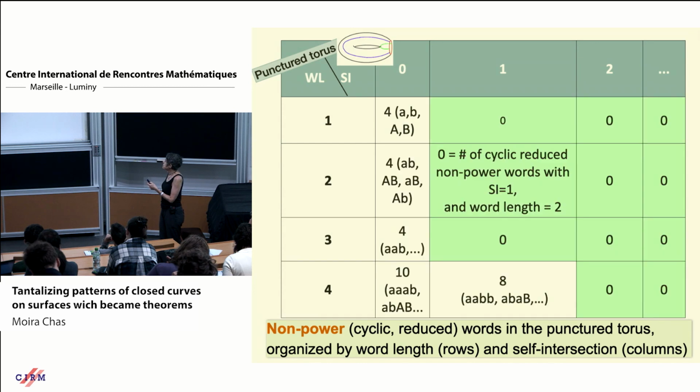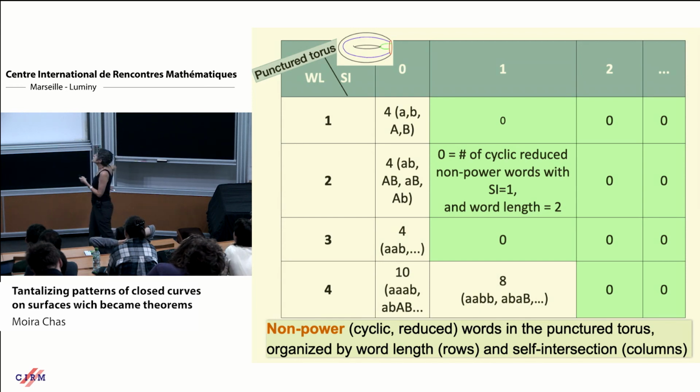So this is the table when it starts. So for instance, self-intersection 0, they are the 4. Here we are in the punctured torus. So these are the usual generators and their inverses. Diagonals are inverses, and so on.